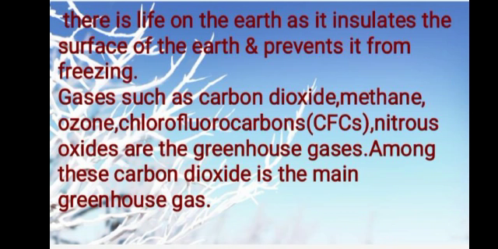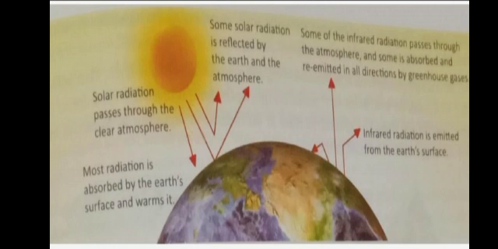Among these, carbon dioxide is the main greenhouse gas. You can see in this picture how solar radiations are getting reflected and absorbed.